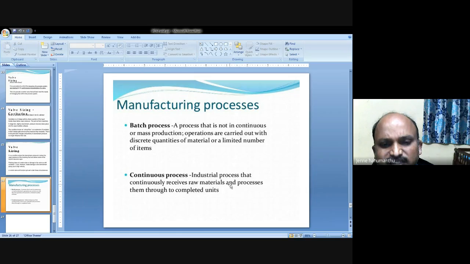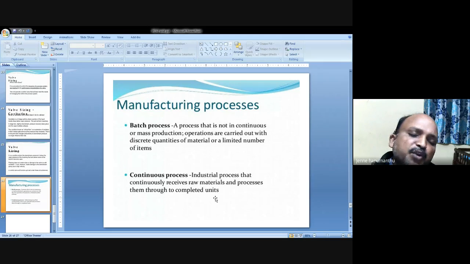This is a continuous process in order to get a final product, for example steel from the steel industry. But it is different from batch process. What is batch process? It doesn't accept continuous inputs. It accepts input and processes it, and you get the final product. That is called batch process.